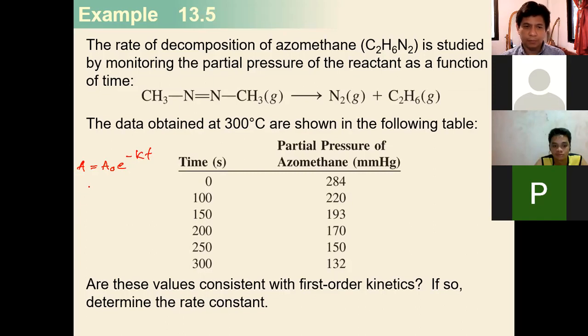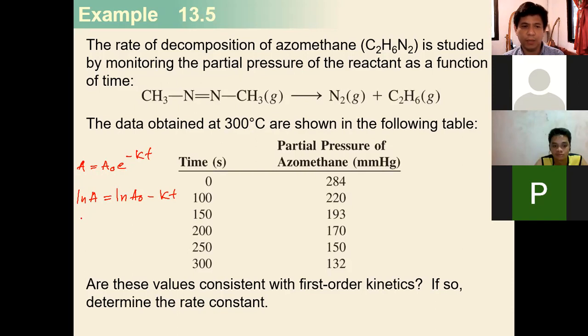If you get the ln of both sides of the equation, you will have ln of A equals ln of A sub O minus KT. So this is a linear equation.